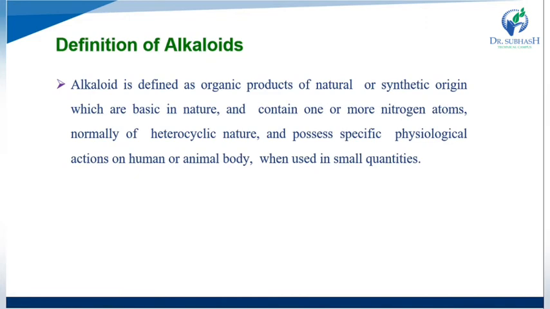They normally have a heterocyclic nature, so they are combined with a heterocyclic ring, and they possess a specific physiological action on the human or animal body when used in small quantities. So this is the definition of the alkaloids.